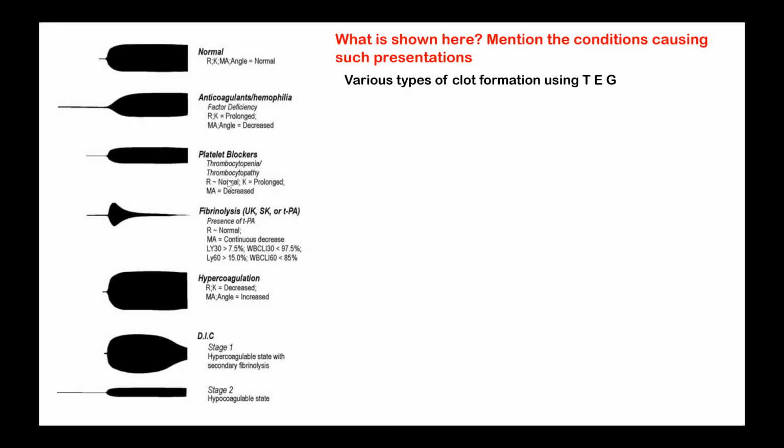So thrombocytopenia, thrombocytopathy is there, and fibrinolysis causes a thinning of the clot at the level. Hypercoagulation: you find the whole thing is wider, and reaction time is very, very short. And DIC, first stage, looks like hypercoagulation, then it becomes lack of coagulation. So this is a very common picture that you can see in most of the textbooks, and keep looking at it so that you will know.